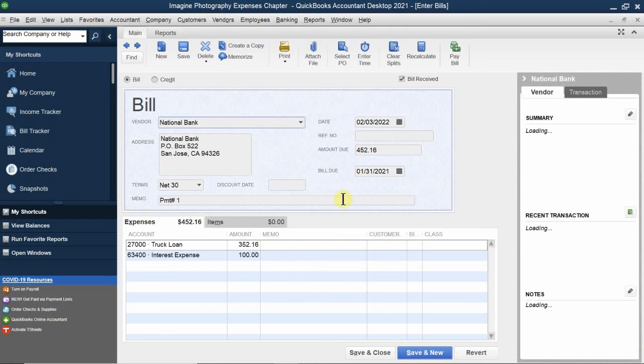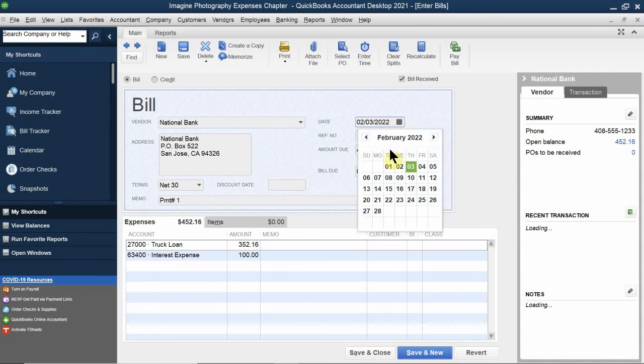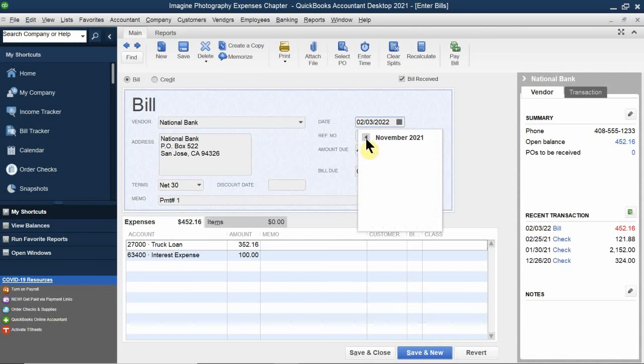So there you go. I receive a bill. Everything looks good. And let's say the date that I received it was not December. Okay, so let's say I received this bill as of January 1st. Since I have 30 days to pay it, that means it's going to be due on the 31st.